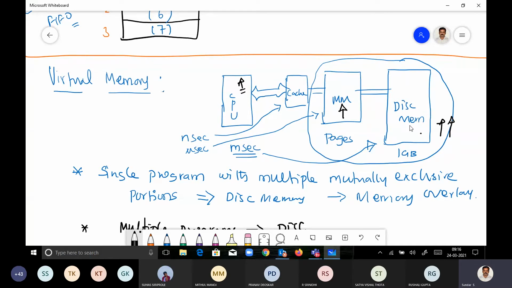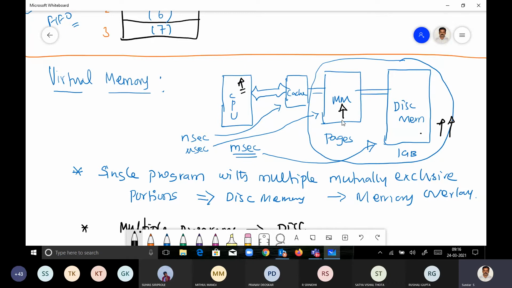Memory means this memory only, because this is the one we are able to interact with. Increasing this may be good to store large data, but from the execution point of view, keeping the same size of main memory but increasing this one, no use.